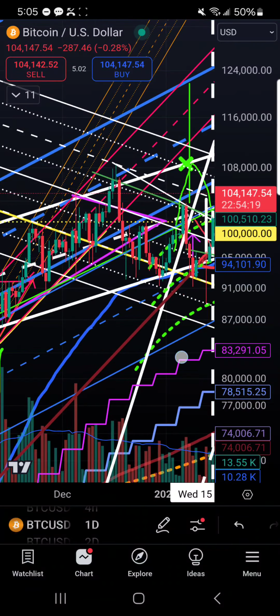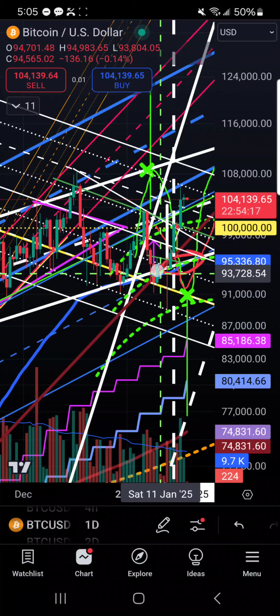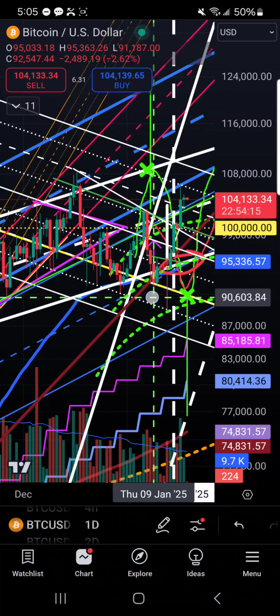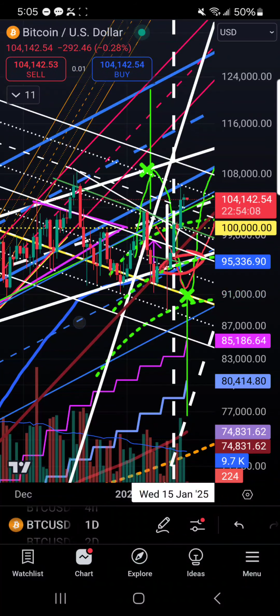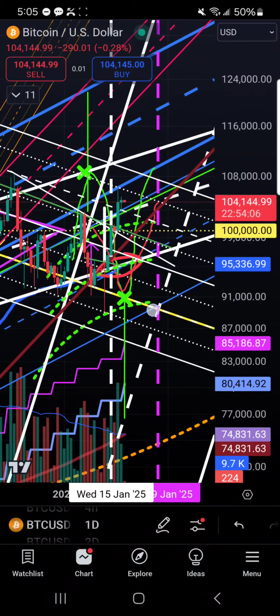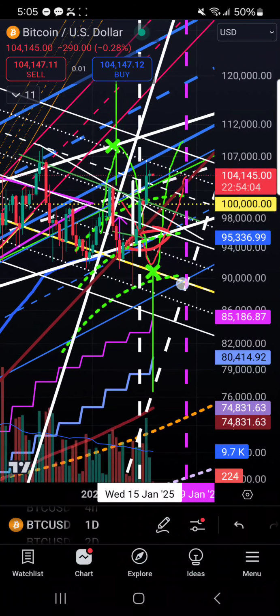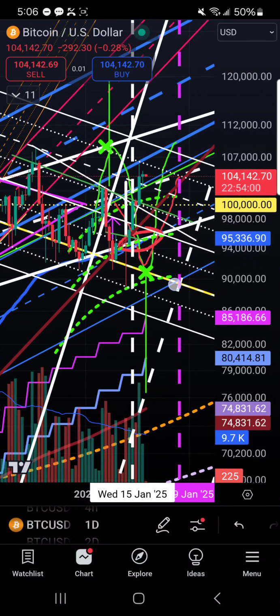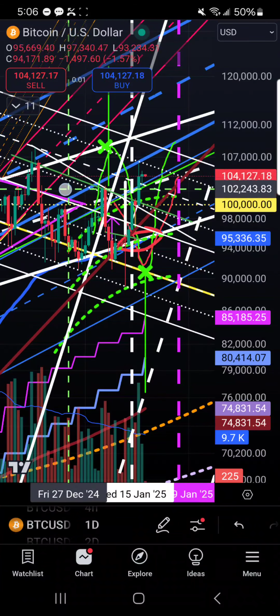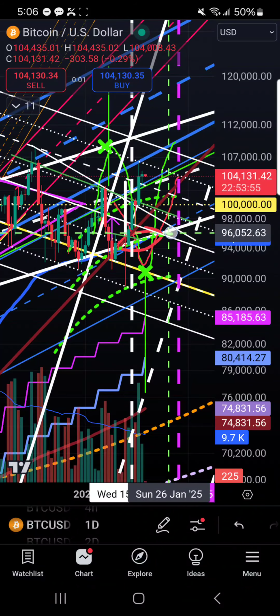Okay, initially we had the one on the bottom, or I guess the two here on the bottom. It's one, really, broken down into four sections. That was our initial channel that I had drawn, and we've broken up into the second one a little bit.